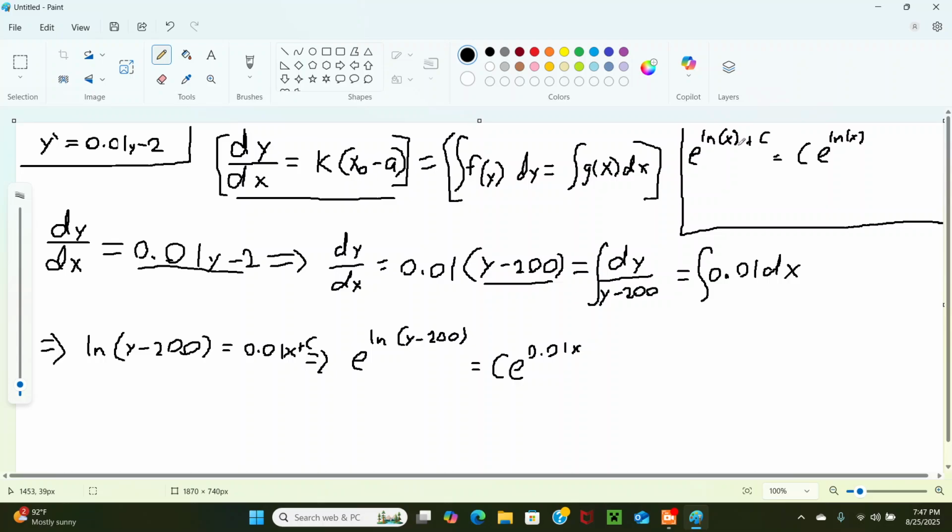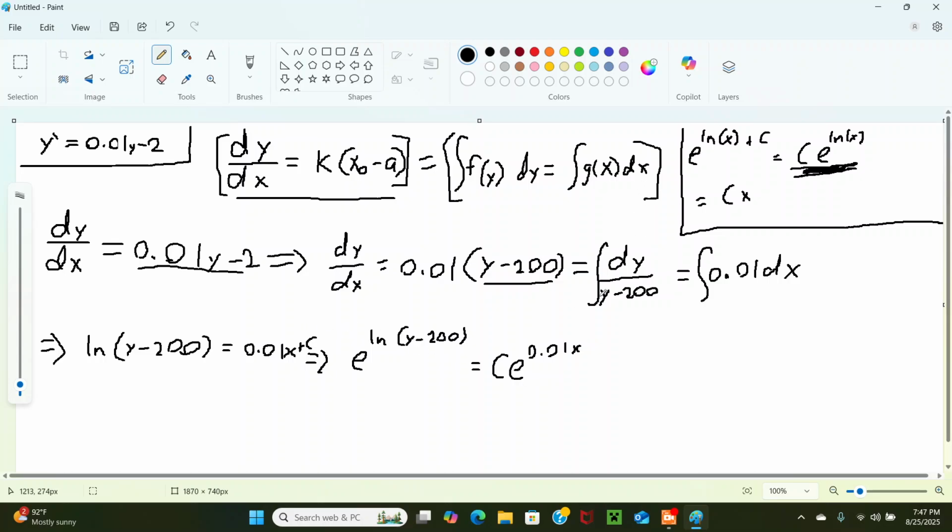Whenever you have a plus c in your exponent to e, you can just bring the c down to the front. And right here, the ln and the e cancel, so this is also the same thing as just c times x. This is really the part I wanted to emphasize because I touched on it very briefly here and in the last video. You need to understand this for this course.